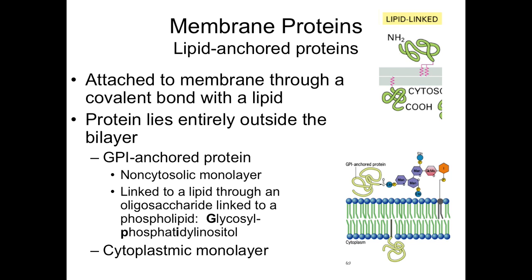You can't really classify them as a peripheral protein because they're covalently bound. But a lot of people don't want to call them an integral protein because that implies that they're embedded in the membrane. So the CART book treats them as a separate category and calls them lipid-anchored proteins. These are covalently linked to a membrane lipid.